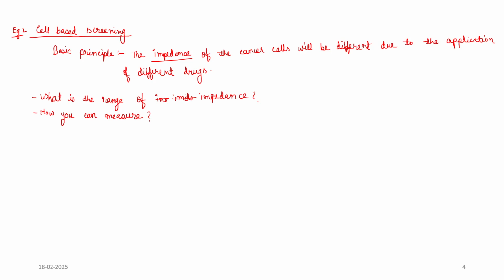If your sensor is sensitive but you are not able to measure it because of the measurement system, then you should find an alternative where you can go for this measurement. So these are the questions we will ask before designing the sensor.